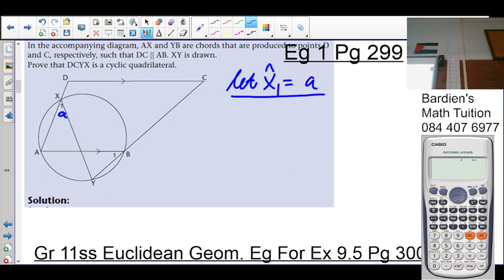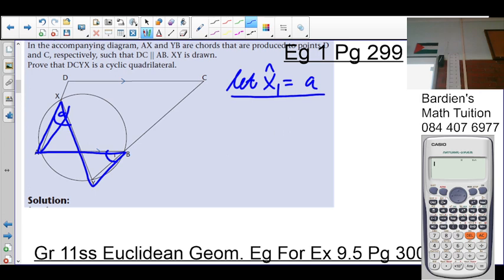So now, if we want to prove that x1 is equal to c, we won't just go straight into it. We have to go to another angle first, the missing link between the two. So angle x1 is equal to which angle? We said yesterday it was equal to angle B1. Why? Angles in the same segment.